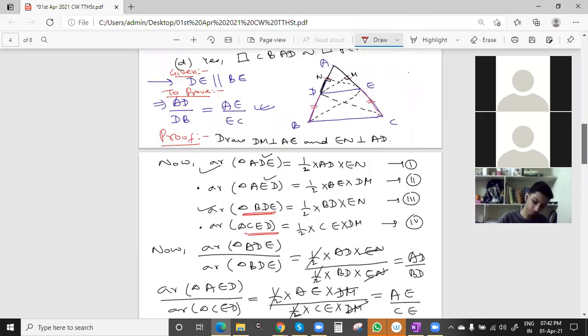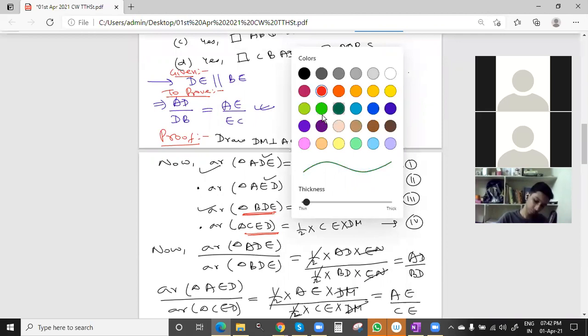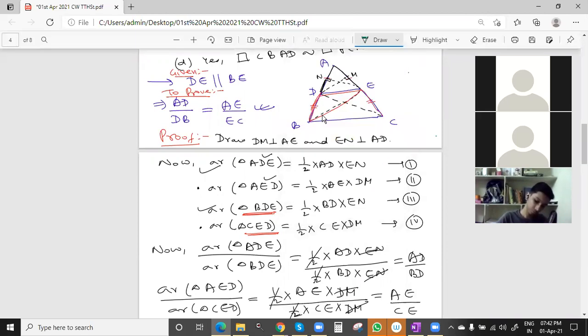Area of triangle BDE: this is one triangle. Another triangle will be this one, CED. So both will have equal area. What is the theorem or concept behind this? We have one concept: area between two same parallel lines.